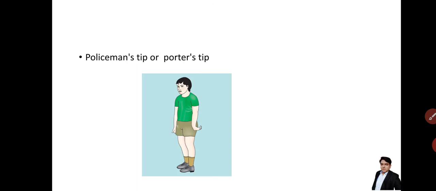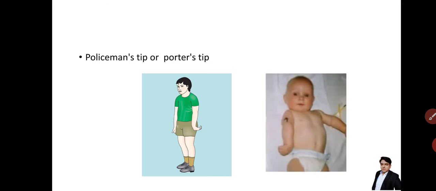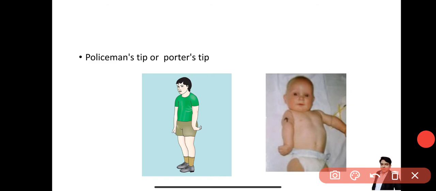So in this diagram we can see the patient's arm hangs by the side due to loss of abduction, then medial rotation and extended elbow. Here also you can see this is the involved hand or upper limb.